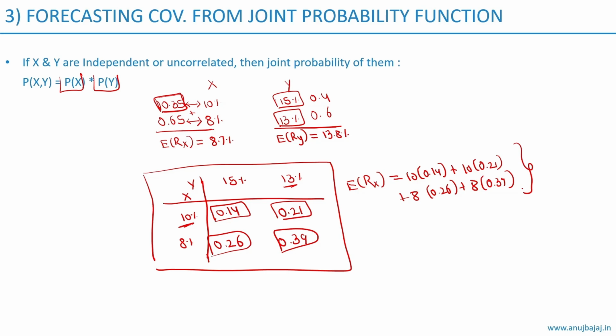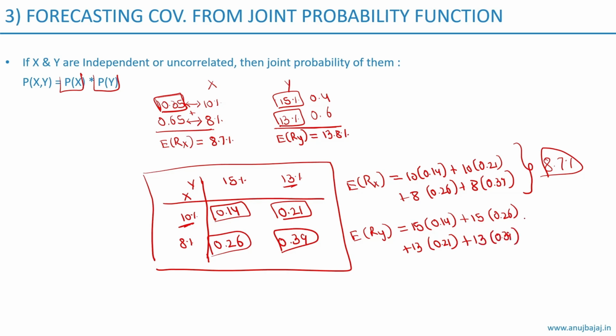So if you add all of them, we get the expected return to be 8.7%. Similarly, calculating the expected return of asset Y, it equals 15% multiplied by the joint probability of 14% plus 15 multiplied by 26% plus 13 multiplied by 21% and 13 multiplied by 39%.